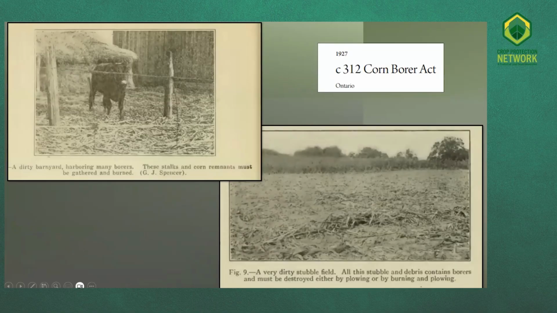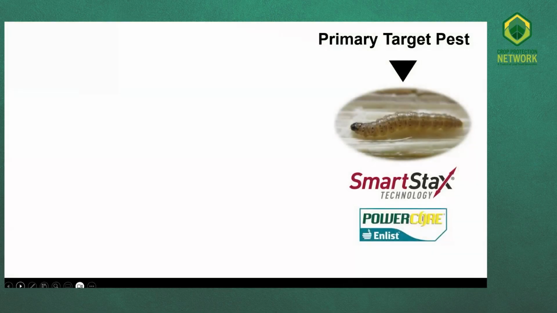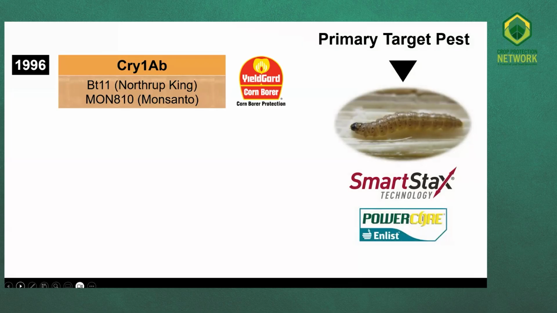Over time, we've had some significant advances in corn borer management, that being transgenic or Bt corn. 1996 was when Bt corn was first commercialized, and the target pest was European corn borer back then. Cry1Ab was the first Bt protein commercialized by Northrup King, Monsanto at that time.